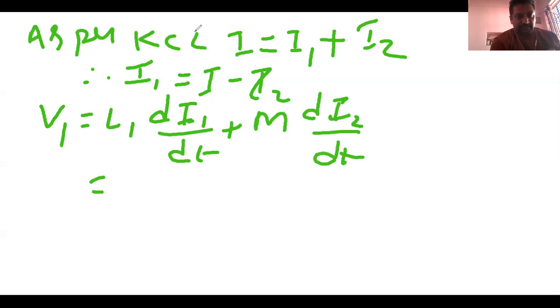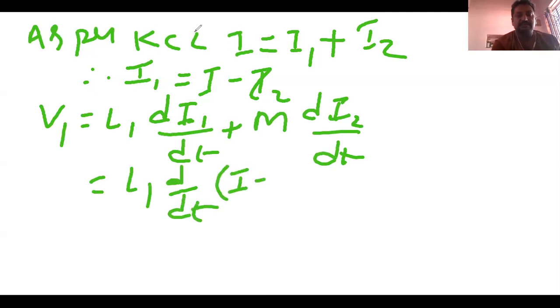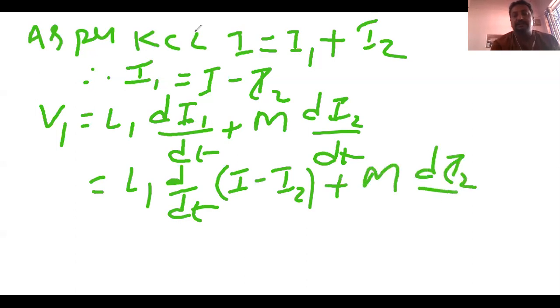Here, L1 into d by dt of (I minus I2) plus M into di2 by dt. Now we separate the di2 by dt terms and the di by dt terms.